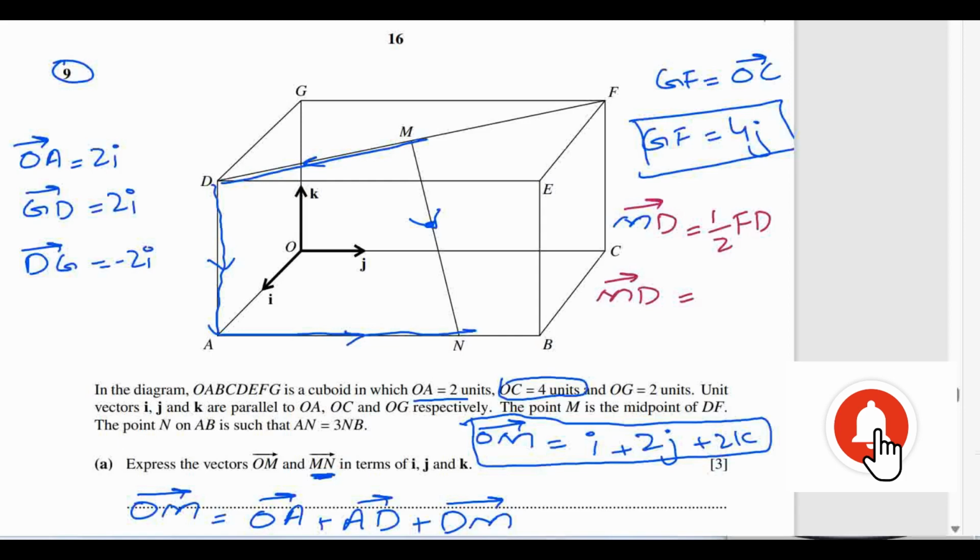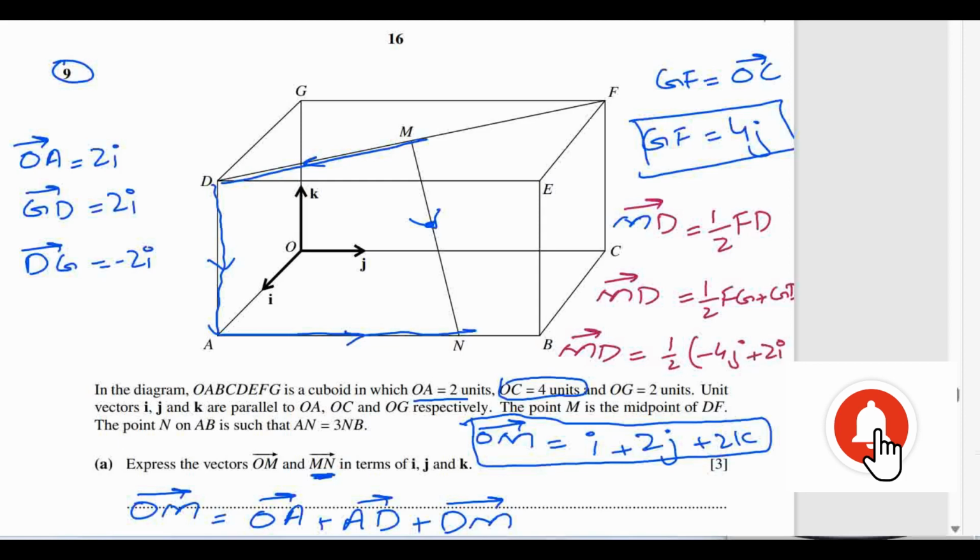This will be equal to, we can write it as half of FG plus GD. Now MD will be equal to half of, what about FG? FG is minus 4J plus GD is 2I.